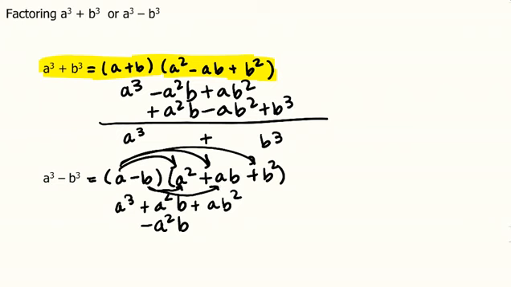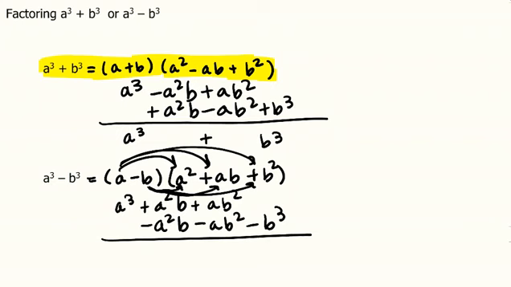Here it's just one power of a, but two powers of b, and negative times positive is negative. And then when I multiply negative b by b squared, I'll get negative b to the third. Now when I add down, I get a to the third minus b to the third.